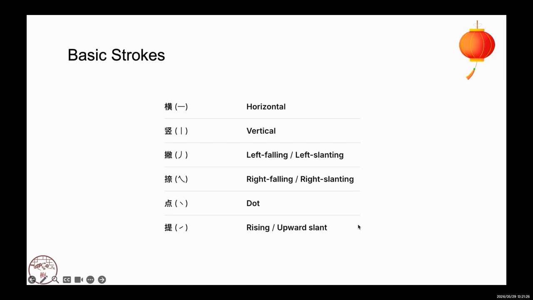So it's rising. So actually, most of Chinese characters, they are a combination of all the basic strokes.